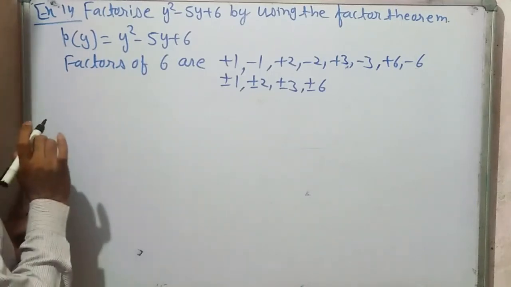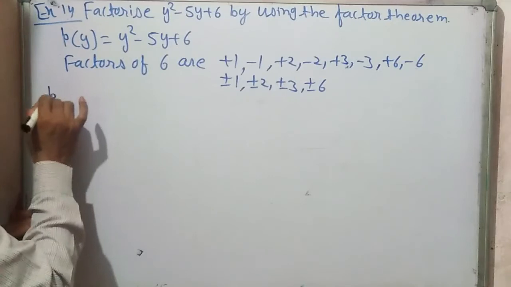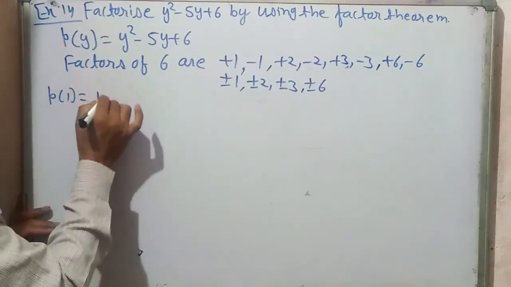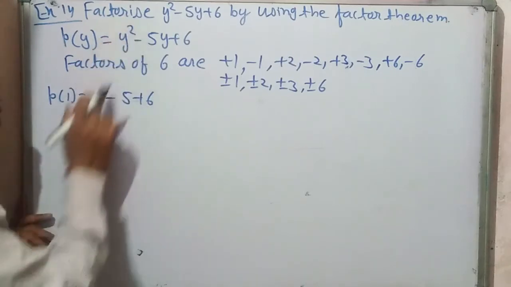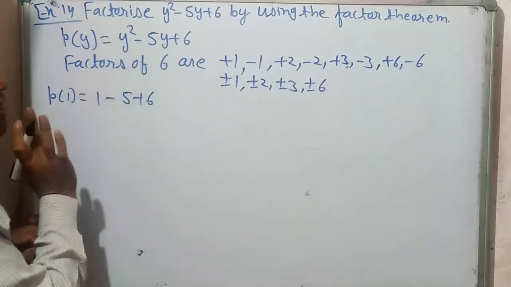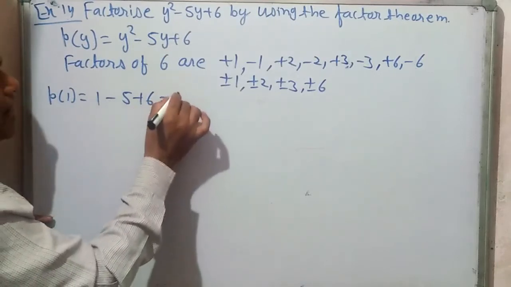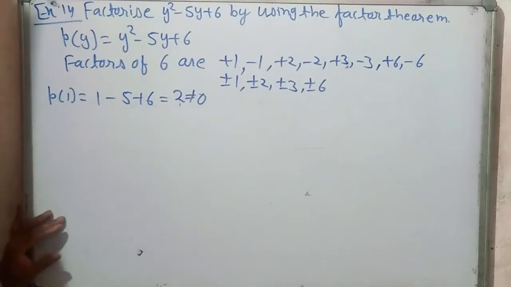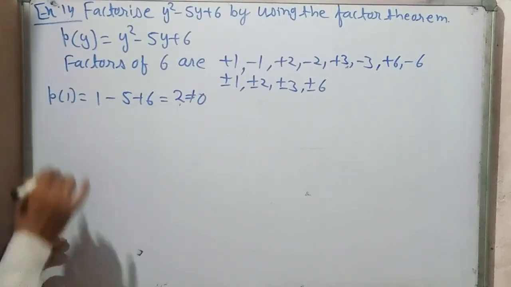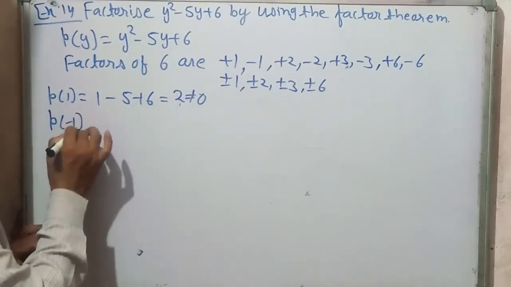So what we find first of all is P(1): 1 − 5 + 6. 1 square is 1, minus 5 into 1, plus 6. That gives us 2. It is not equal to 0. Let us find P(−1).